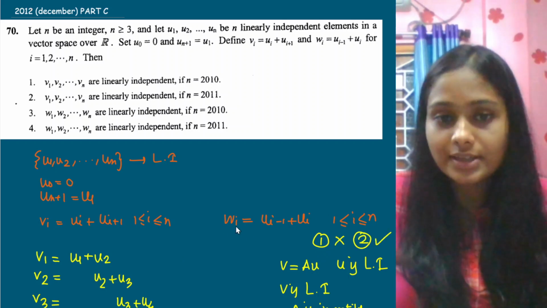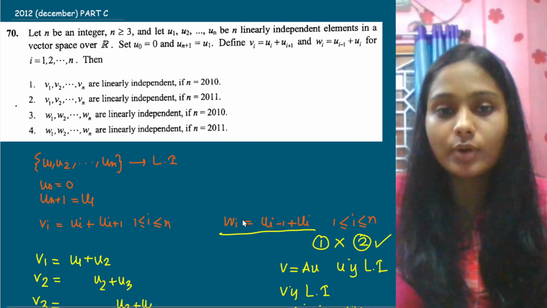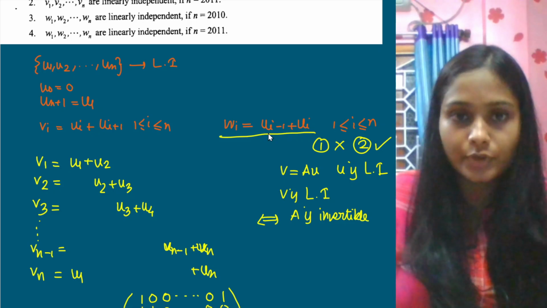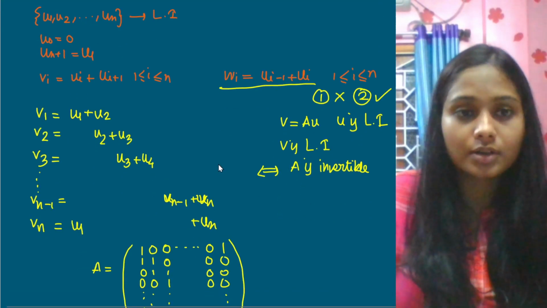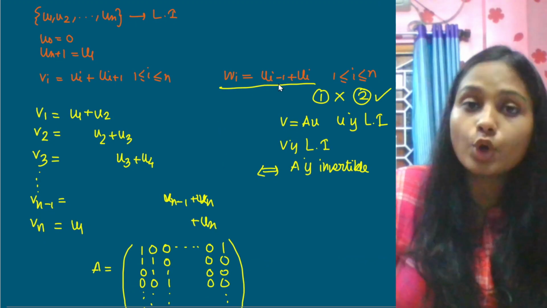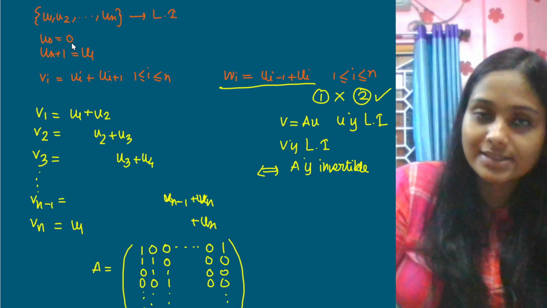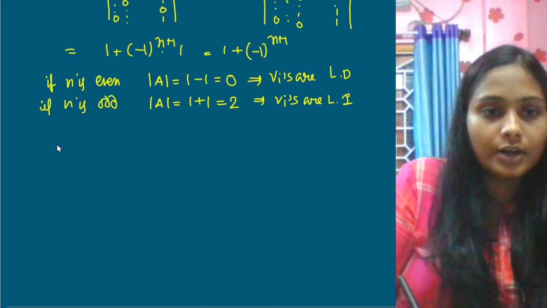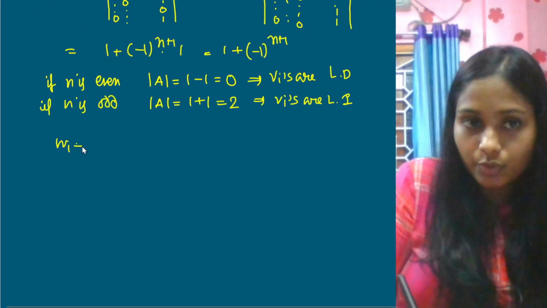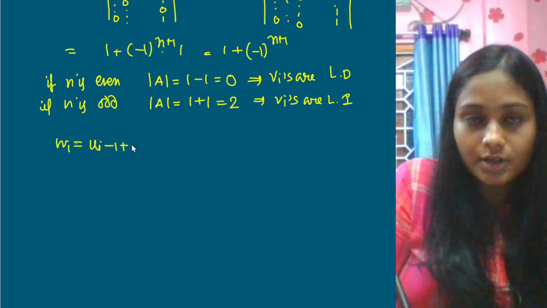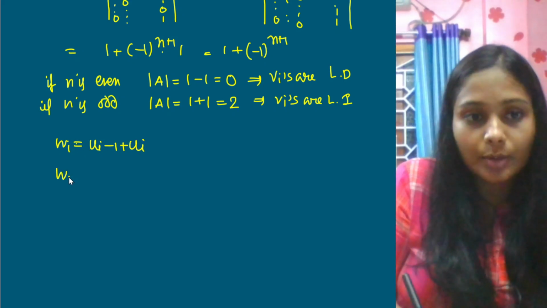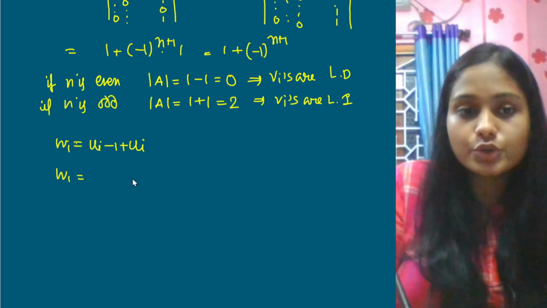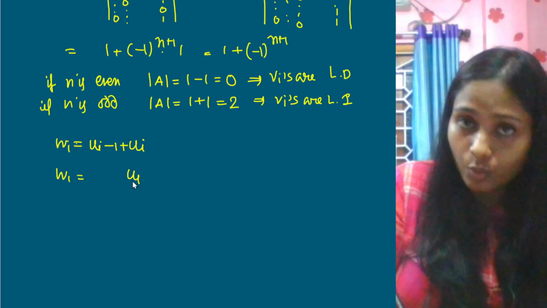Now let us see the Wi's. Wi equals ui minus 1 plus ui. So what will W1 be? W1 is u0 plus u1, and u0 is given as 0, so this will be u1.